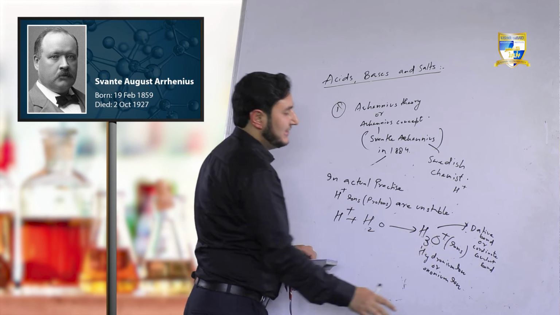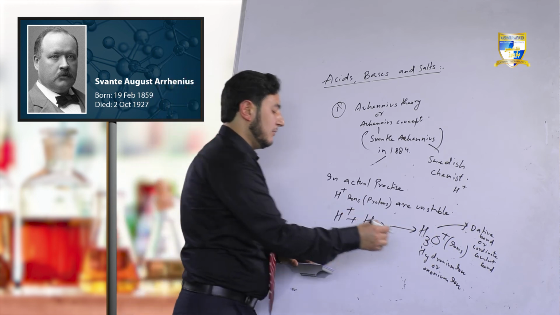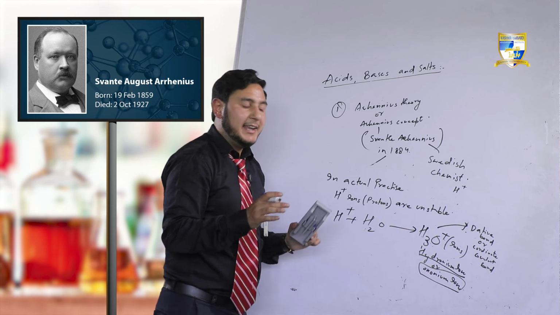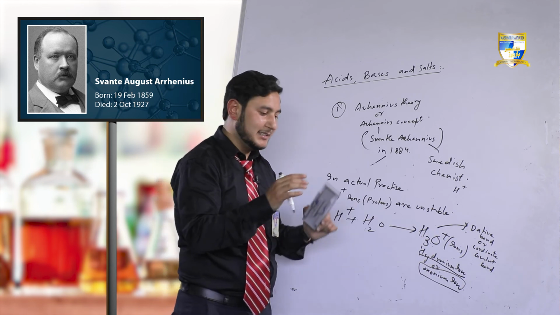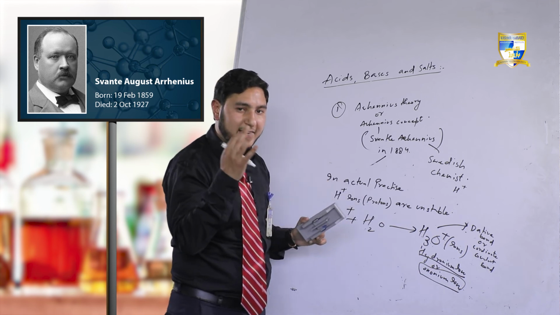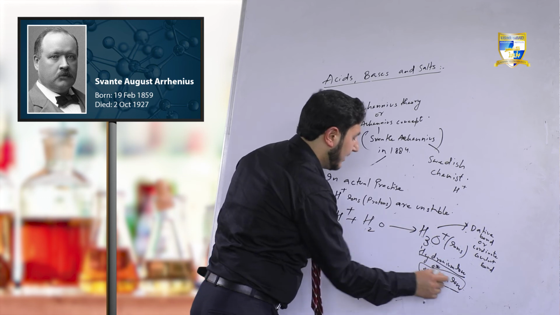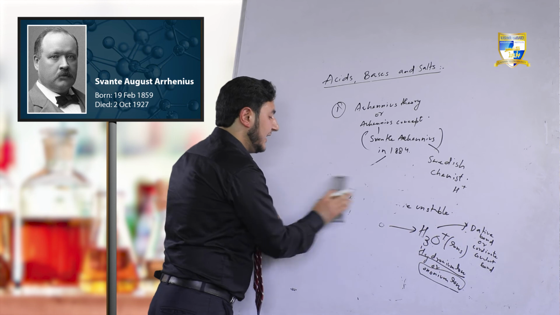We may also call it the oxonium ion. What is an oxonium ion? When an oxygen is bonded with 3 different atoms, we call it an oxonium ion. Fine, very clear. So this was about the acid.